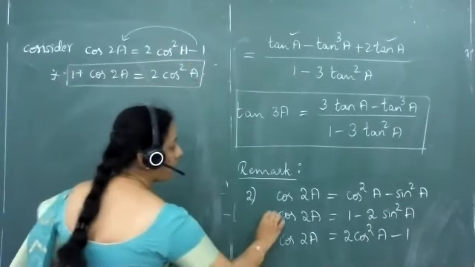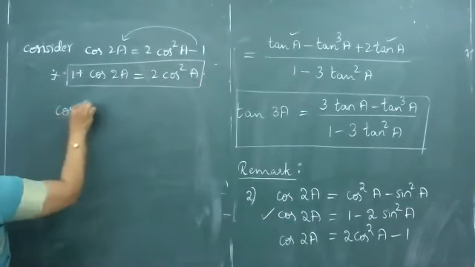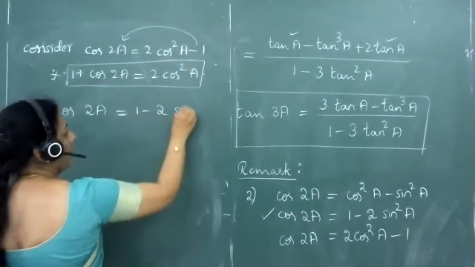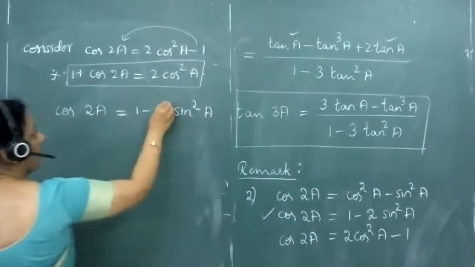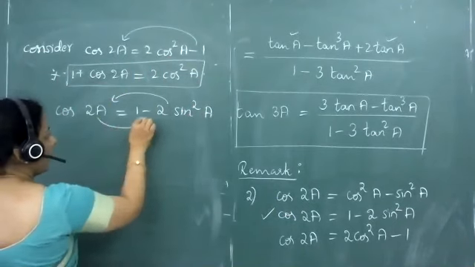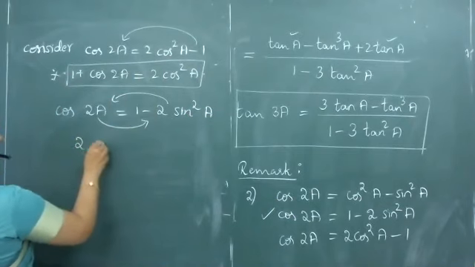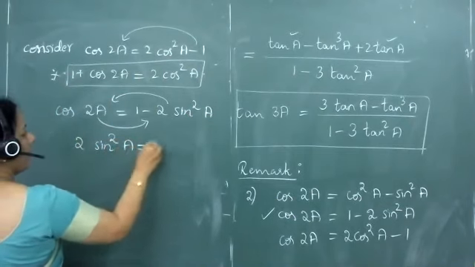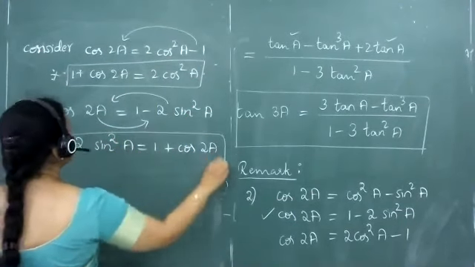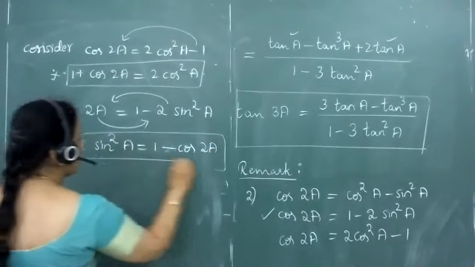Now let us see the usage of the second formula, cos 2a. Cos 2a is also taken as 1 minus 2 sin squared a. Now we will transpose this minus 2 sin squared a to the LHS, cos 2a to the RHS, so that we get 2 sin squared a as equal to 1 minus cos 2a.